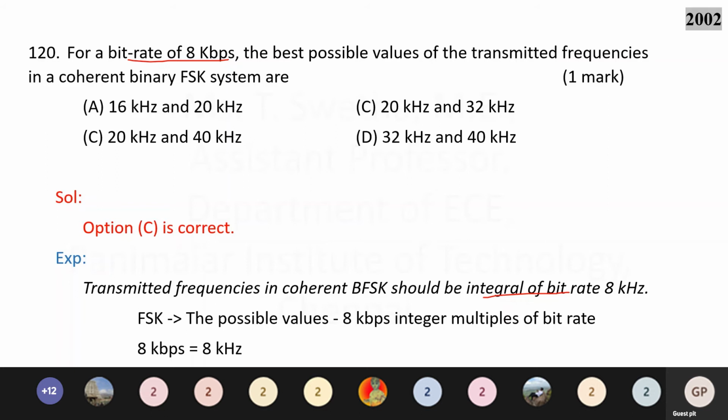The values should be like 8, 16, 24, 32, 40. In the given options, you have to remember this.